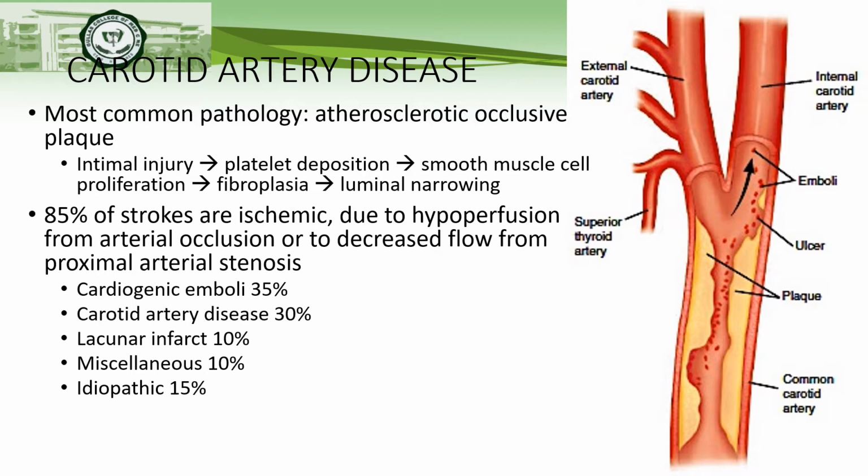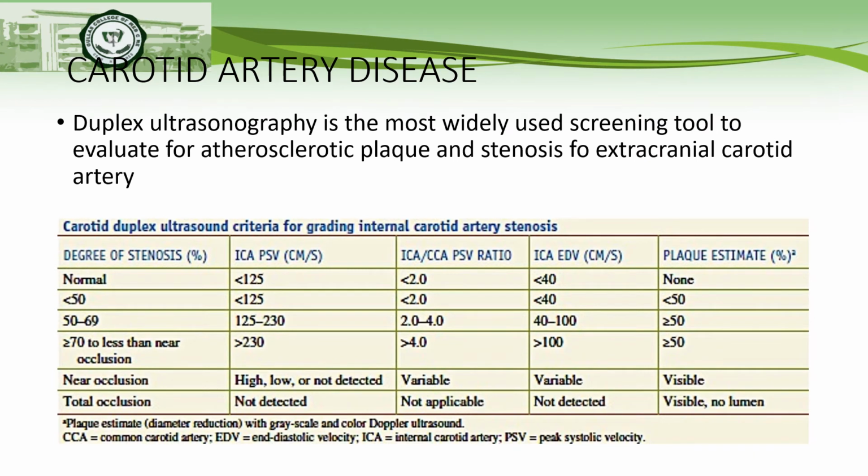The common causes of ischemic strokes are cardiogenic emboli, carotid artery disease, lacunar infarct, miscellaneous in 10% of cases, and 15% of cases are idiopathic. Duplex ultrasonography is the most widely used screening tool to evaluate for atherosclerotic plaque and stenosis for extracranial carotid artery.